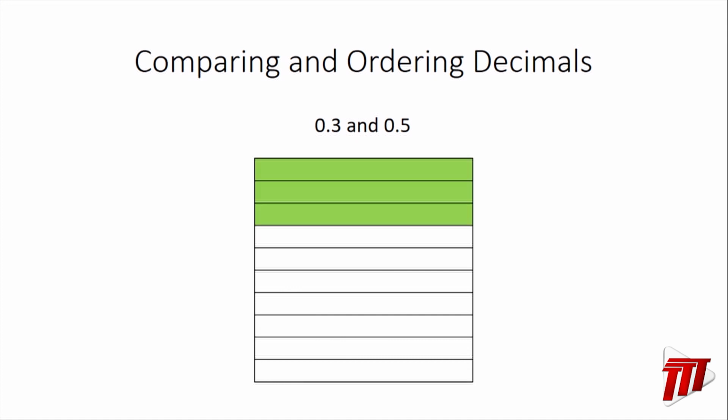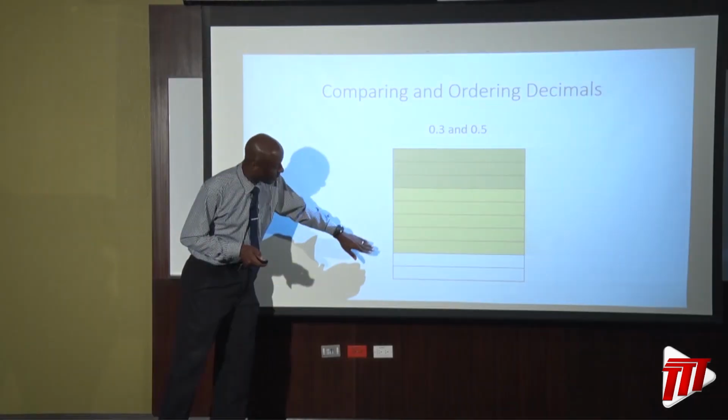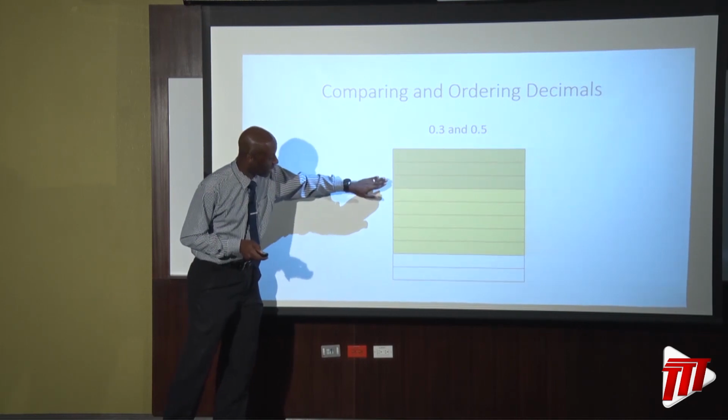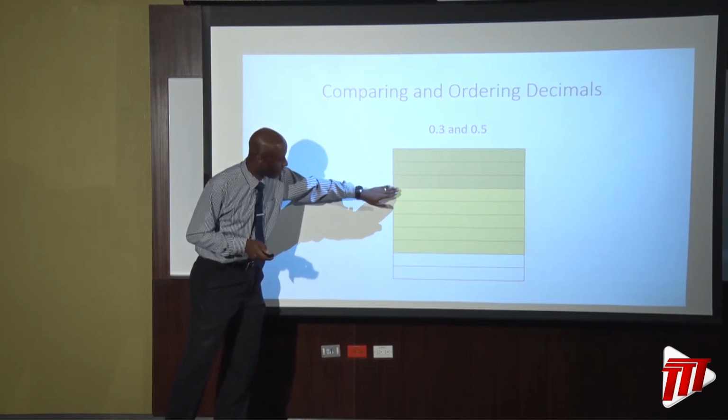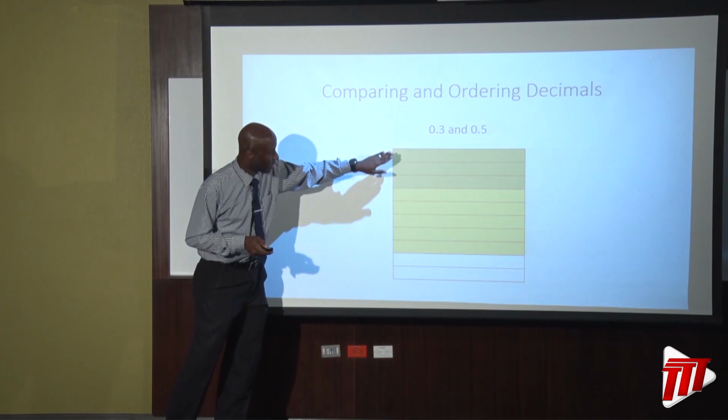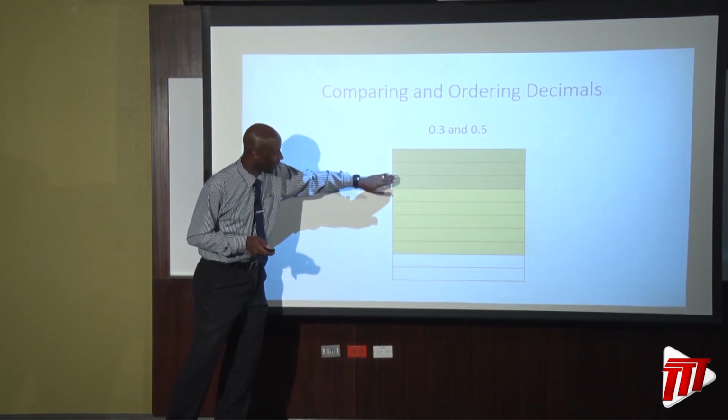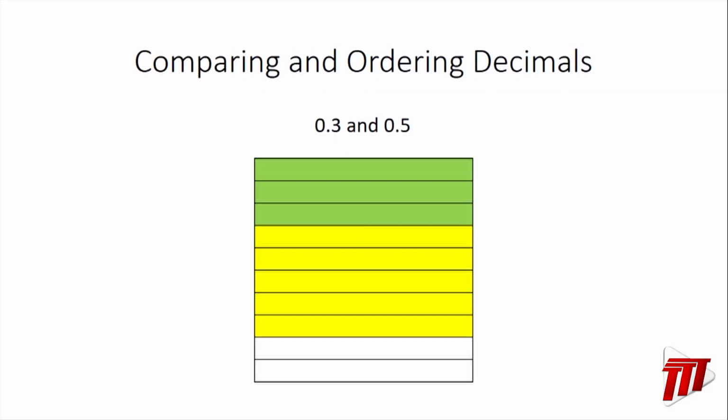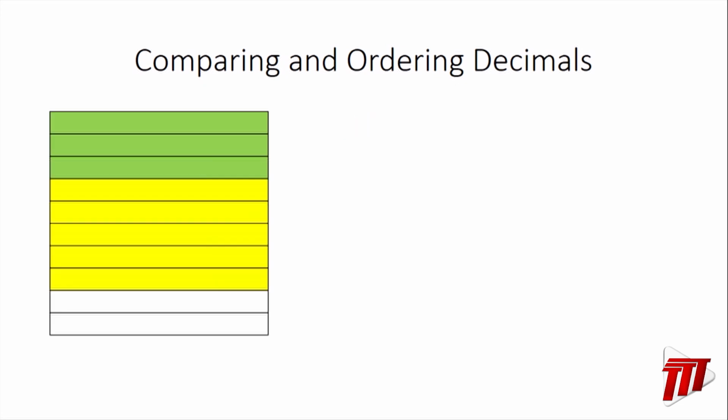3/10, 3 out of 10 equal parts. 5/10, 5 out of 10 equal parts. Looking at our diagram here, we can see quite easily that 5/10 is larger than 3/10, or put differently, 3/10 is less than 5/10.